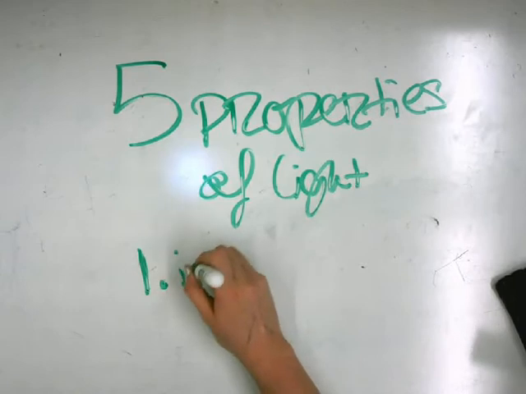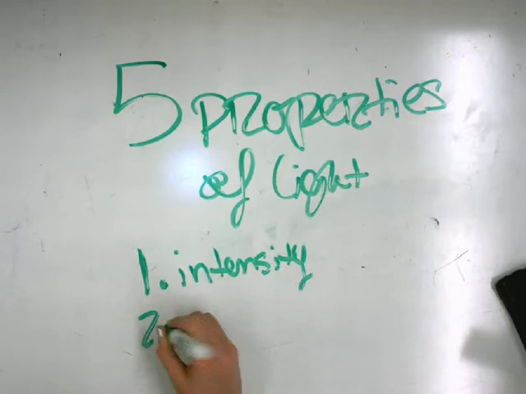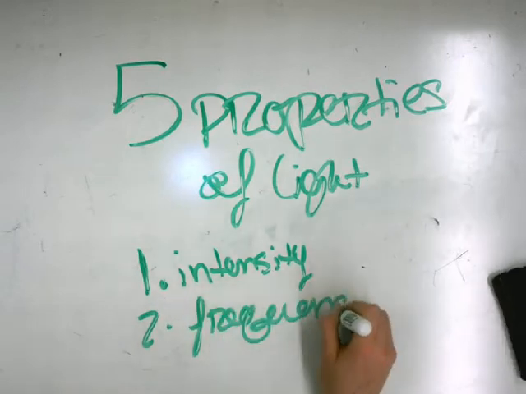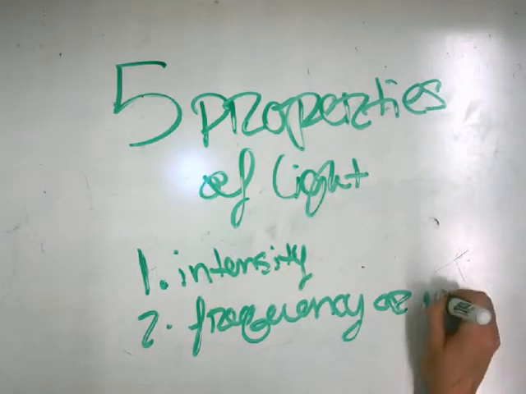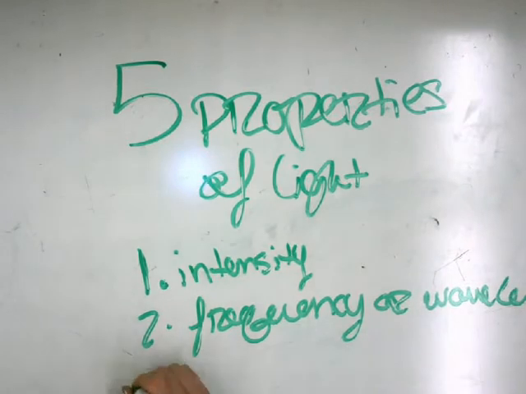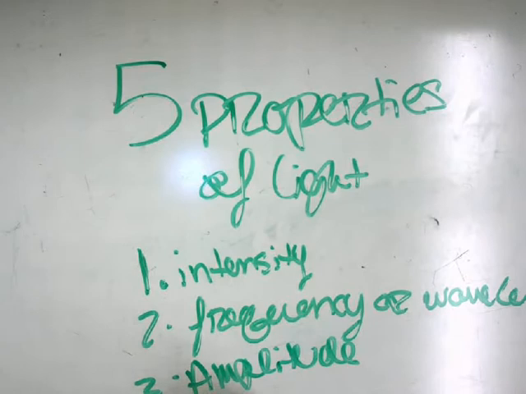Frequency or wavelength. 3. Amplitude. 4. Polarization. And 5. Phase. These are the 5 properties of light, and now we are going to explain those to you.